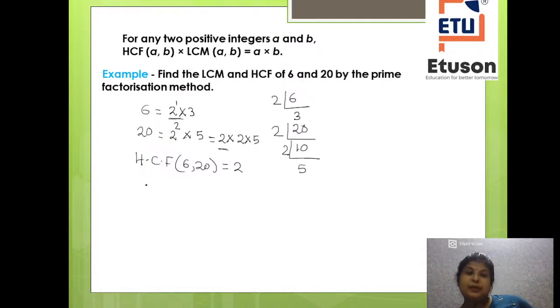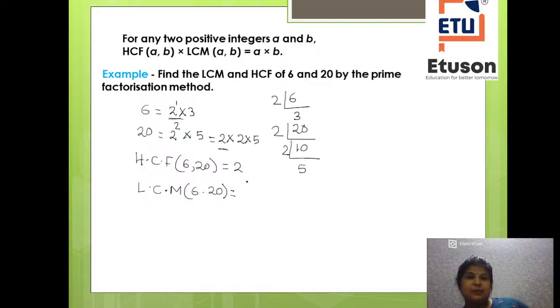Now, when you are finding out the lowest common multiple, that time you have to take the highest power of the common factor. So what will be the answer in this case?